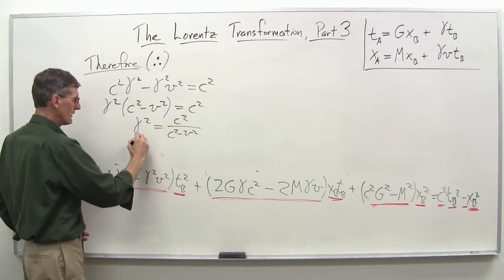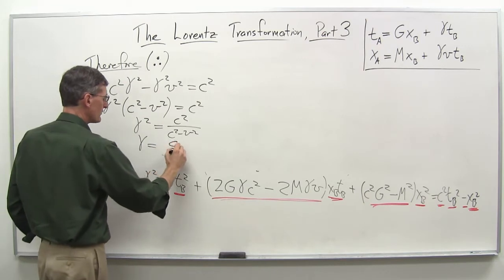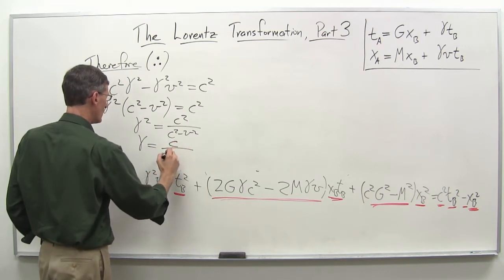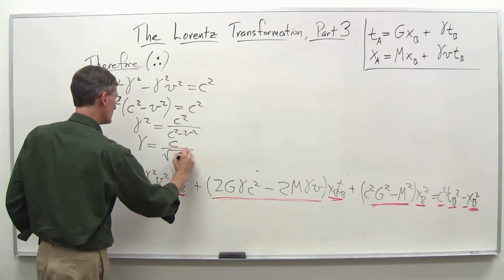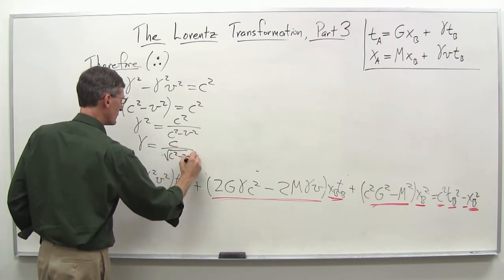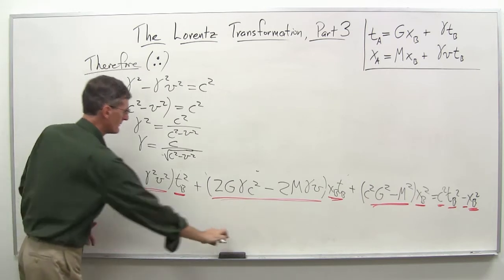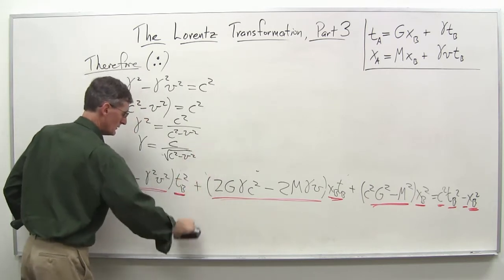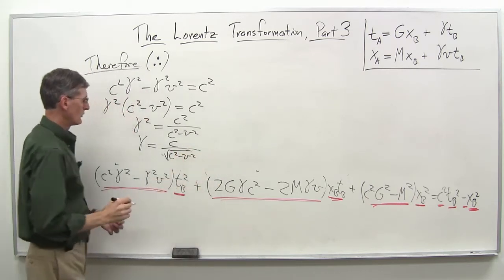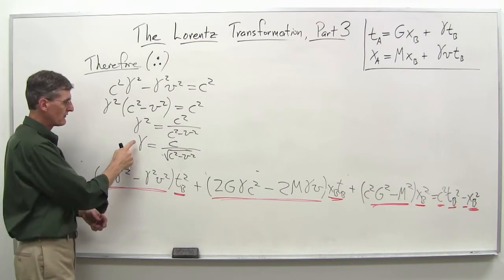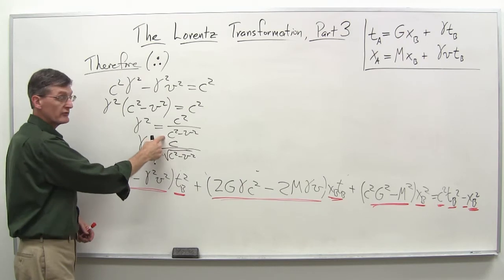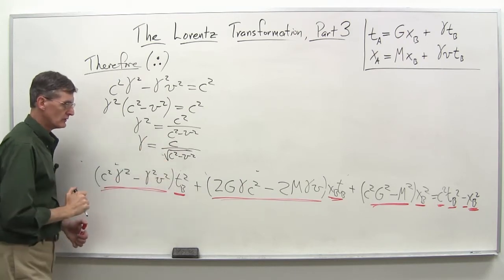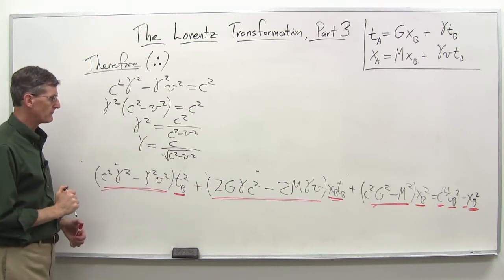So we have gamma equals C over the square root of C squared minus V squared.